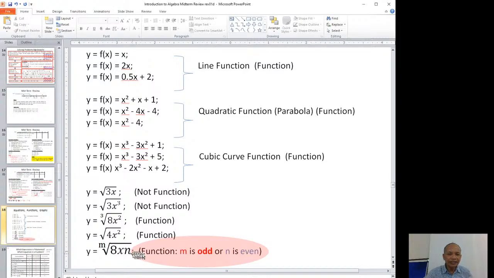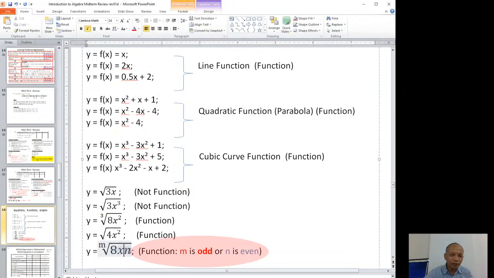When we have a radical term, the root index m is odd, or x to the n power inside is even, then this one is a function. Besides that, not a function.